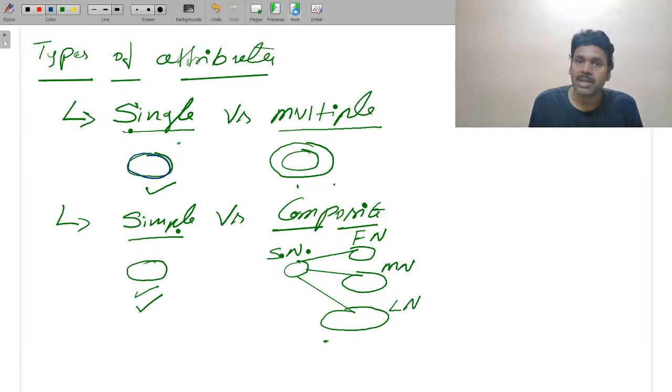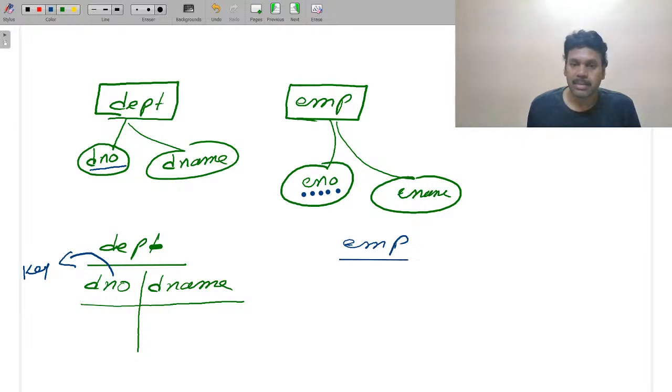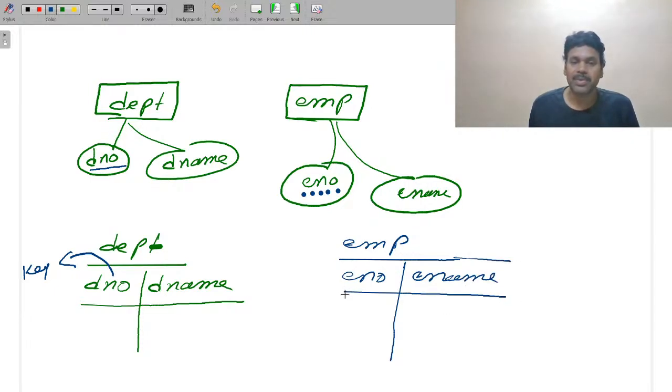So if you want to attach a primary key to that, then you just do a small adjustment, underlining. When I am underlining, then DNO is a candidate key. And here, employee number, if I am underlining like this, it is called a weak key. So therefore you understand here, there is an employee number which stores employee numbers. There is an employee name which stores employee names.